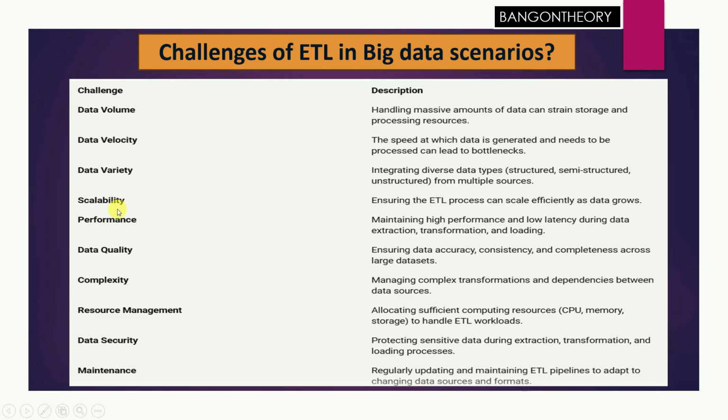And scalability, ensuring the ETL process can scale efficiently as data grows. And performance optimization, data quality, accuracy, consistency, and complexity, resource management. And most important is data security: protect sensitive data during extraction, transformation, and load processes. And maintenance: regularly updating and performing security patches, maintaining ETL pipelines to adapt to changing data sources and formats.